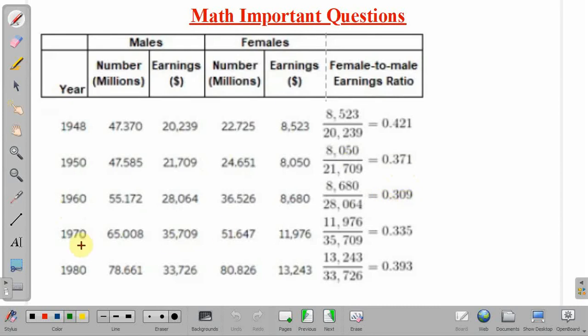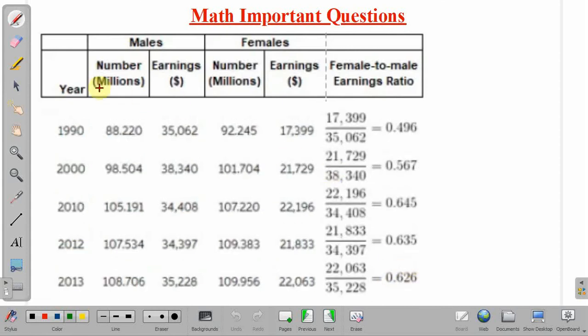For 1970 we will get 0.335. For 1980 we will get 0.393. For 1990, we will get this ratio as 0.496. Similarly, for 2000, 2010, 2012, you can calculate, and the value for the year 2013 will be equal to 0.626. So in this way, we can calculate the ratio of female to male earnings.